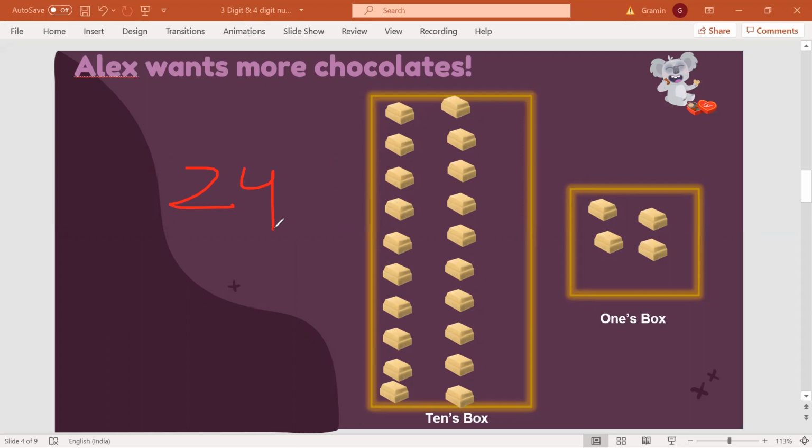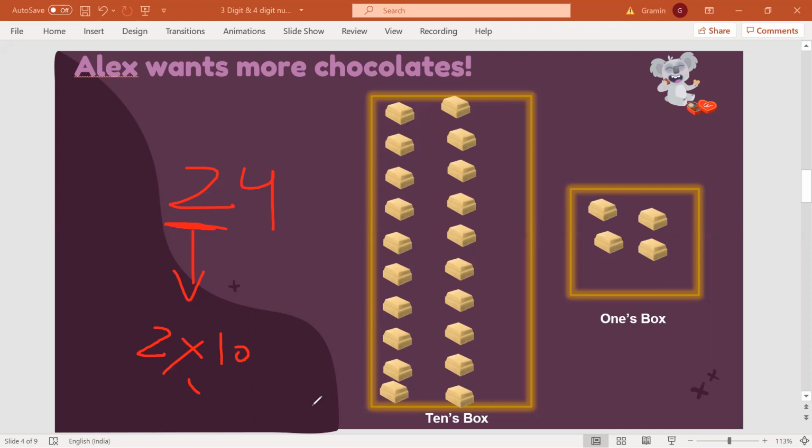So now if you try to make sense of what this number 2 is representing, this 2 is representing the number of groups of 10 chocolates. There are 2 groups of 10 chocolates. So 2 groups of 10 chocolates will be equal to 2 multiplied by 10, right?